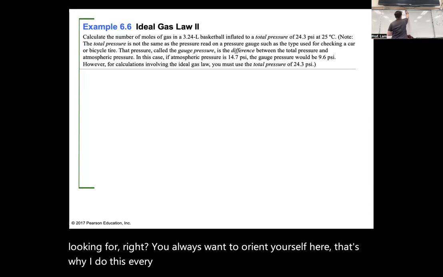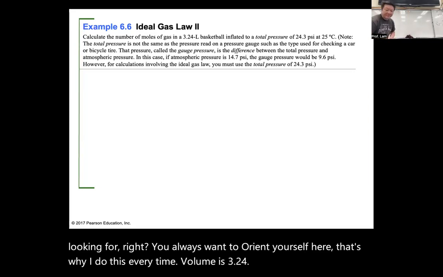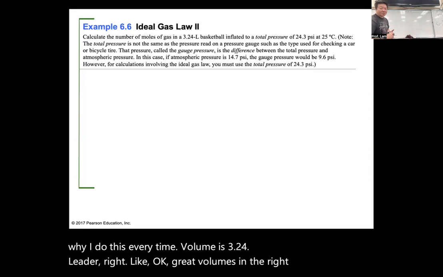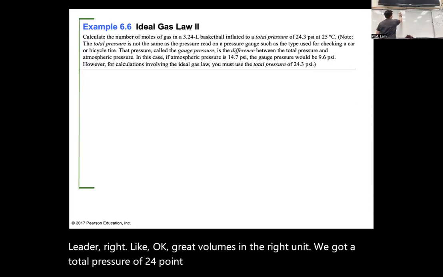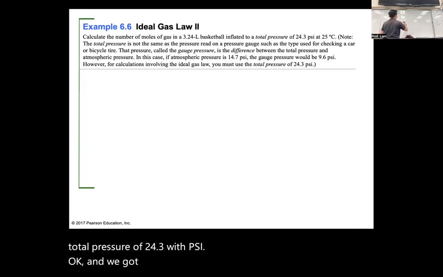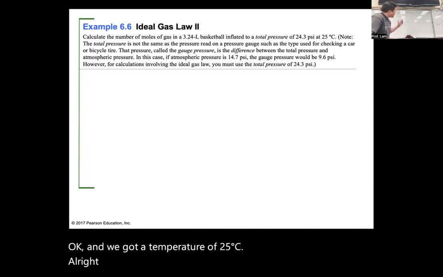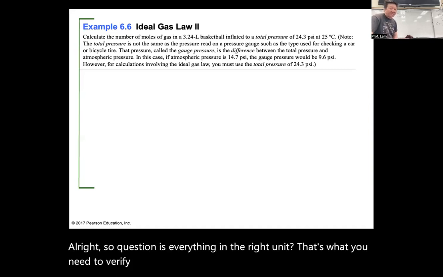Volume is 3.24 liters, great, the volume's in the right unit. We've got a total pressure of 24.3 psi, and a temperature of 25 degrees Celsius. So the question is, is everything in the right unit? That's what you need to verify first, before you even plug it into an equation.